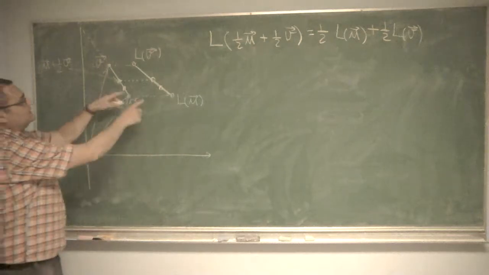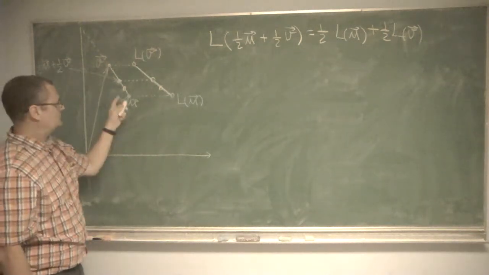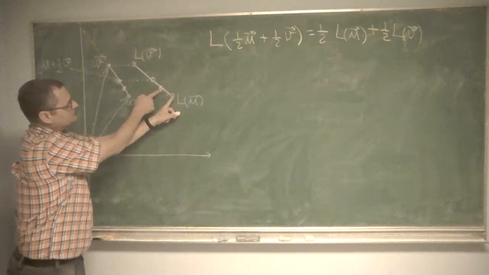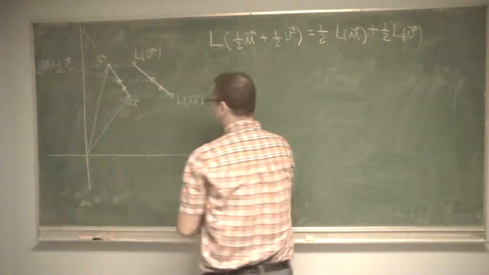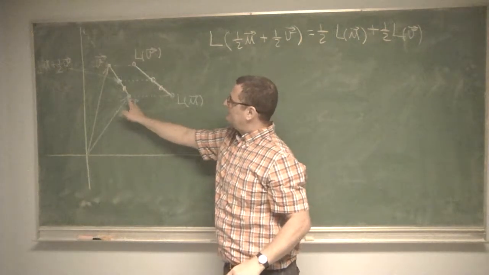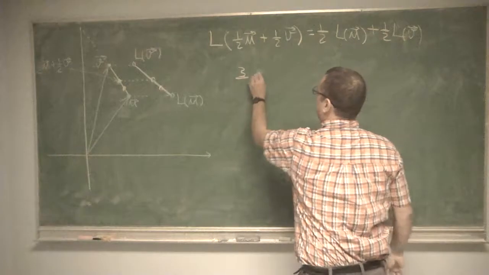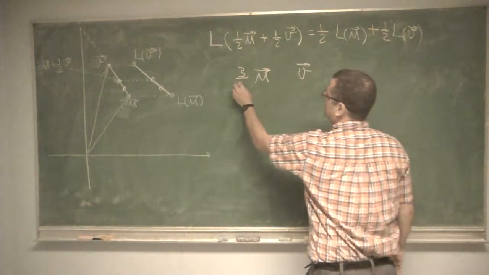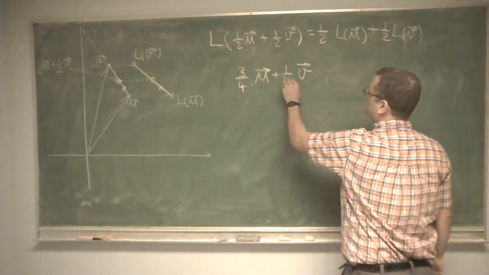Okay, so again, using similar triangles or slopes, you can argue that this guy will be 3 times closer to this point than to this one. Okay, and what is this point here? Well, being 3 times closer to u than to v, its weighted average between u and v is 3/4 of u plus 1/4 of v.